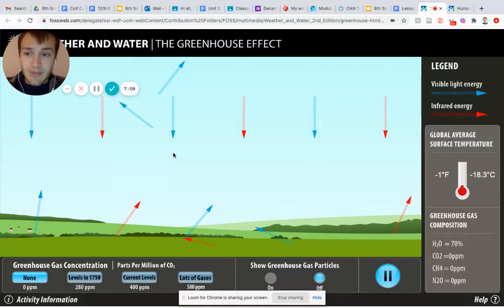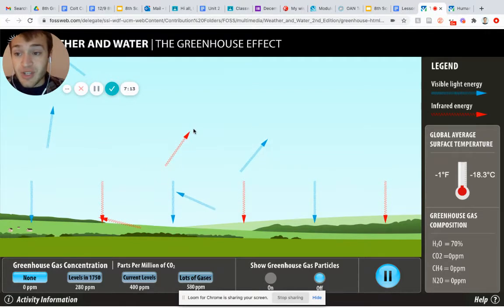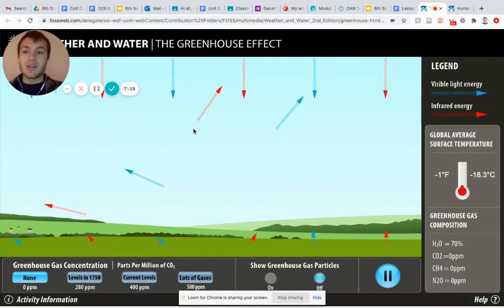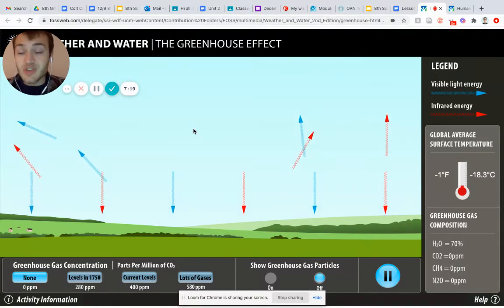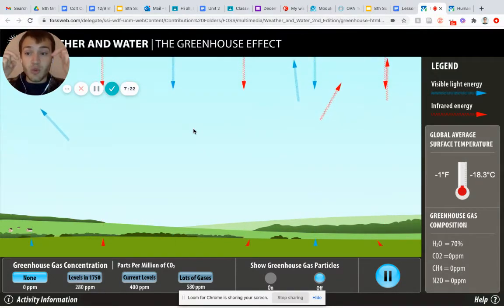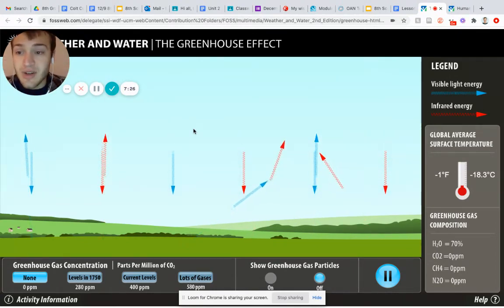That's because greenhouse gases can trap infrared energy. We're going to see this a little bit later, but greenhouse gases cause the infrared energy to come right back to the Earth. So it's very difficult for infrared energy to leave the atmosphere.